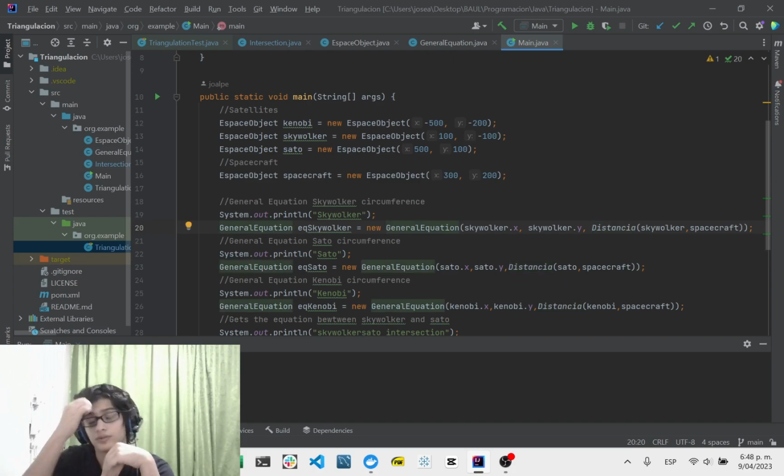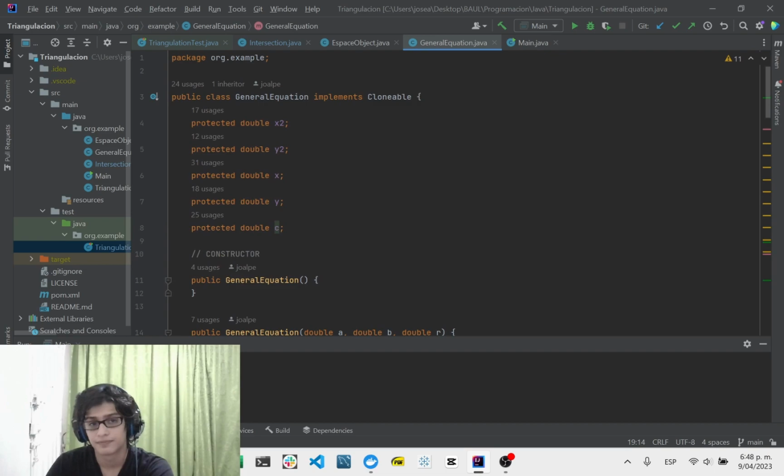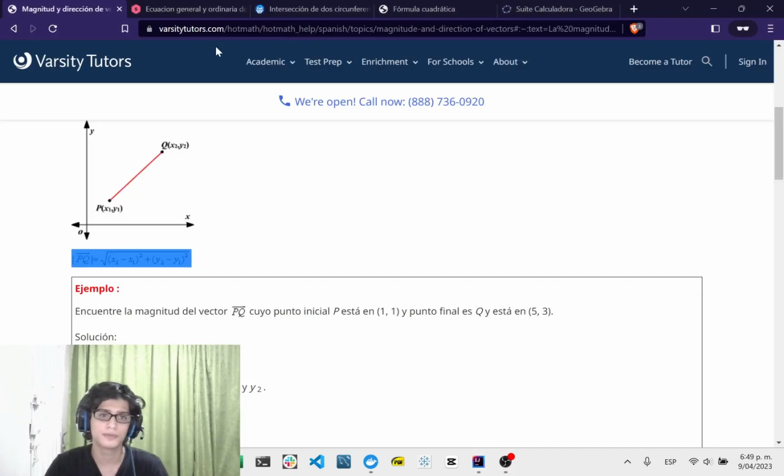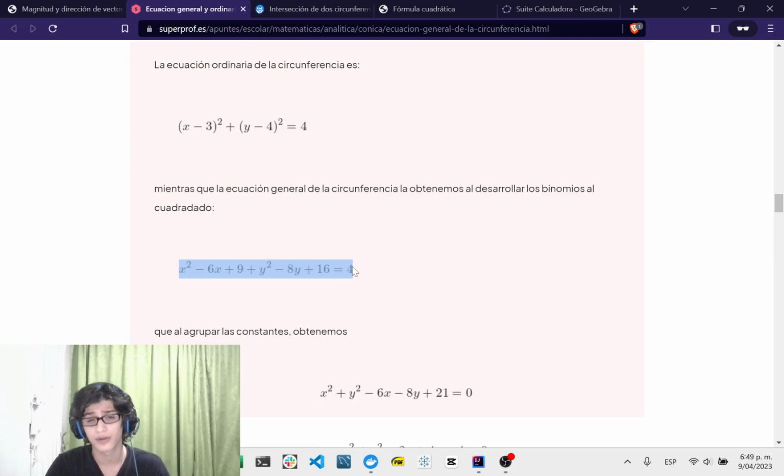To operate the general equation, I create an object whose name is general equation, and I create the x raised to 2, y raised to 2, x, y and z positions, because this is the general equation.